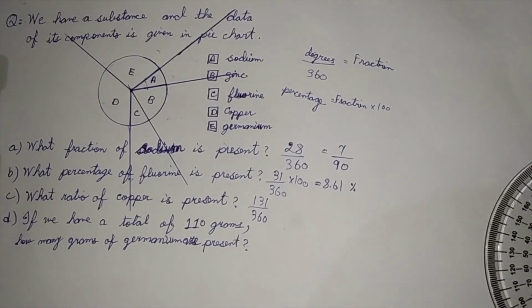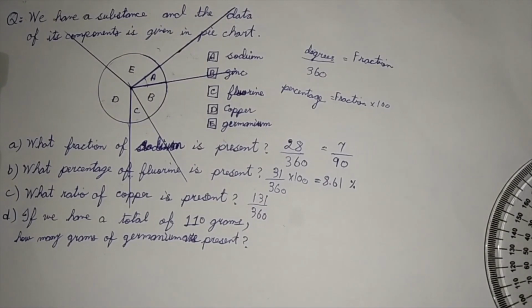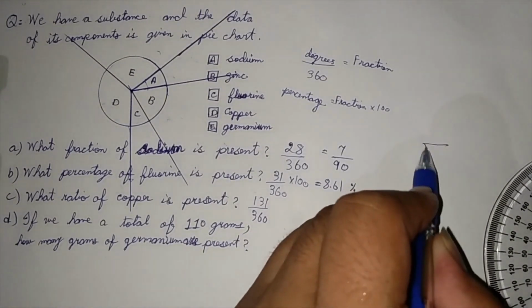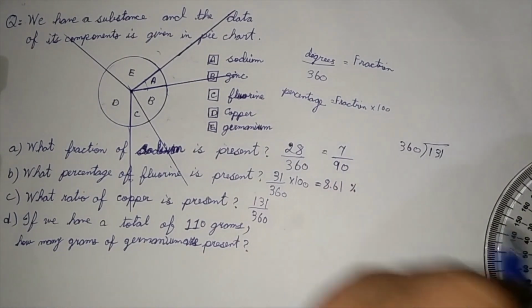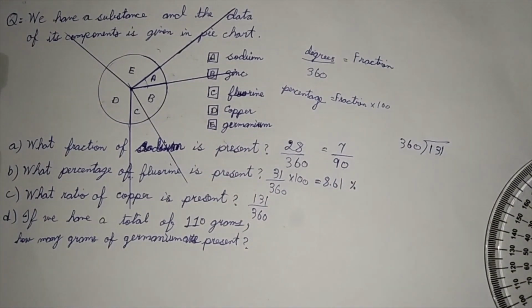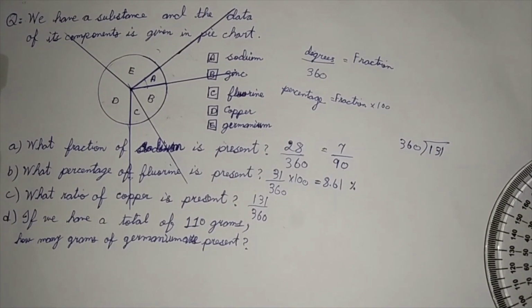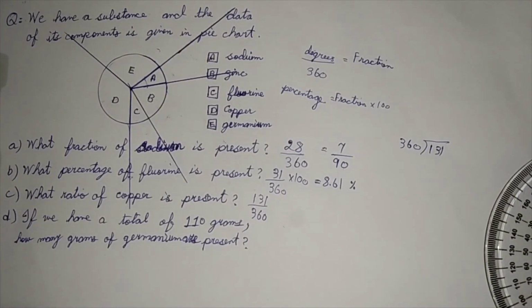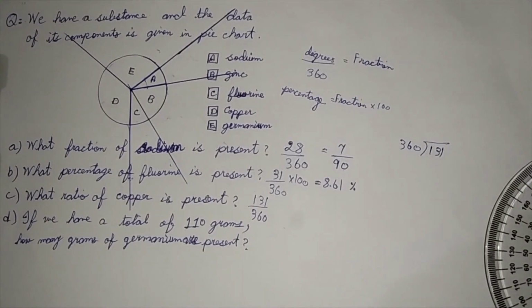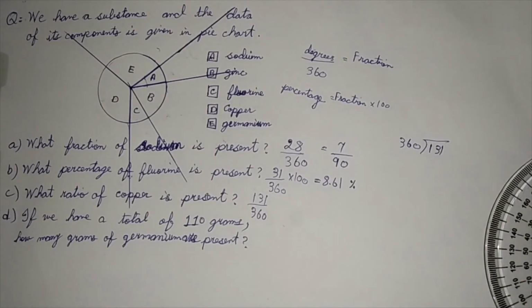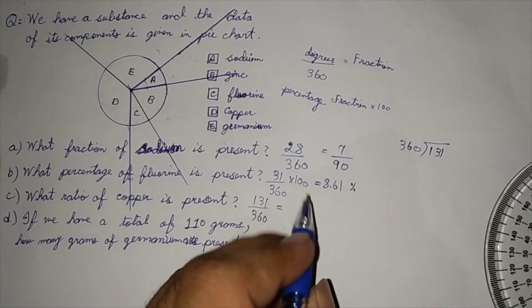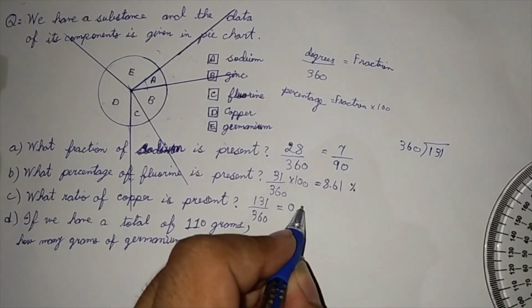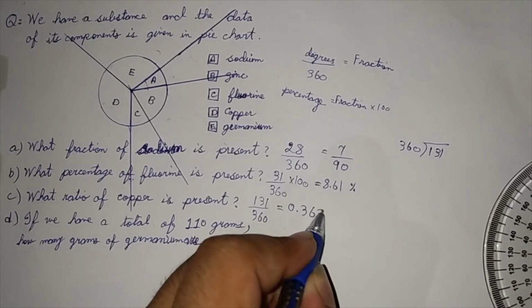This one is our fraction, and what we will do, just like that, here I will put the numerator inside and the denominator outside. After dividing it, we will get our ratio, or we can say our decimal number, which is equal to 0.363.